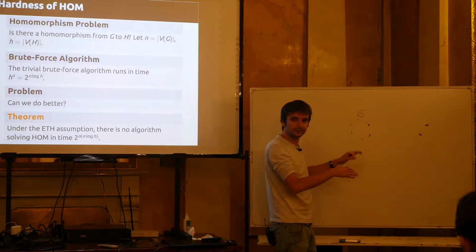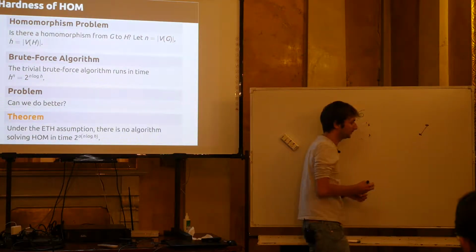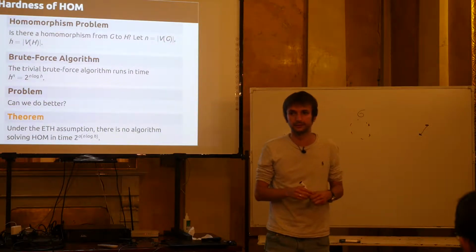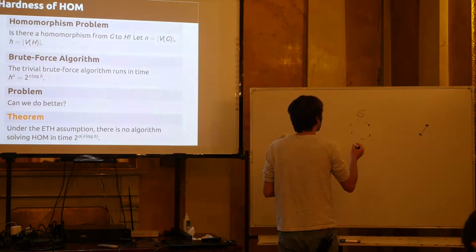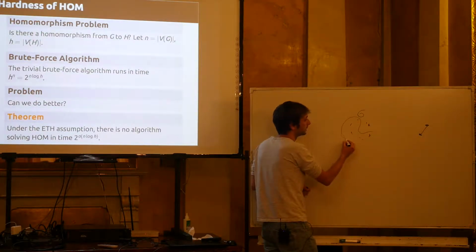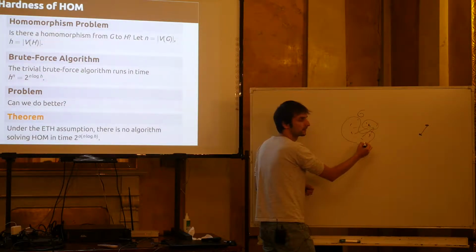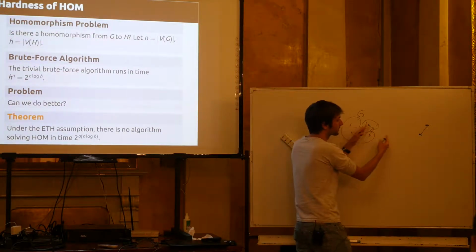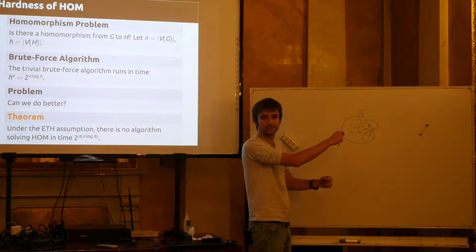If there are no edges, then again your graph must be empty. If there is an edge, then what graphs can you map there? Bipartite graphs, right? If you can partition your vertices such that all edges go only between 2 parts, then you map all these vertices here, all these vertices there, and every edge is mapped to an edge.